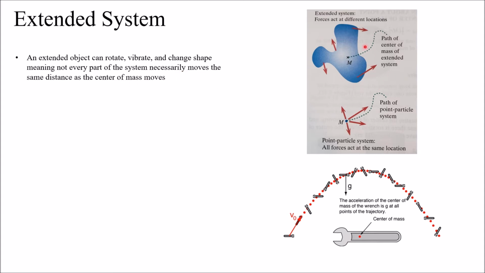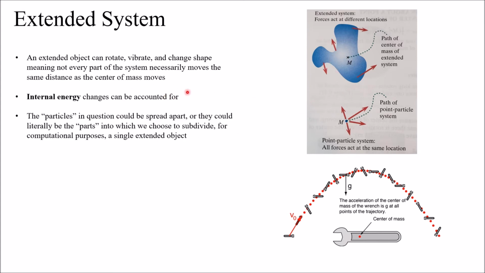There's different parts of your system that are moving. The center of mass may be moving a certain distance, but a certain part of that object may not move the same way. And so we're getting into this idea of internal energy changes that can be accounted for, and the particles in question, they could be spread out, or they could literally be the parts that you subdivide of the system.